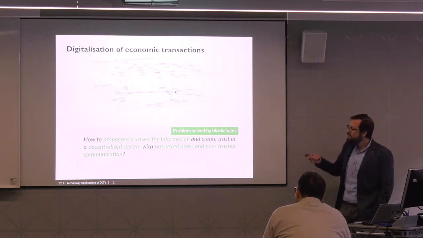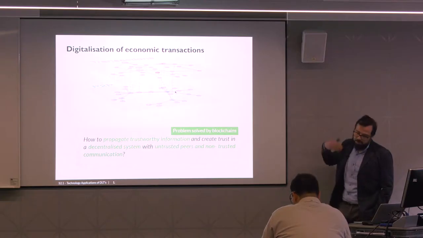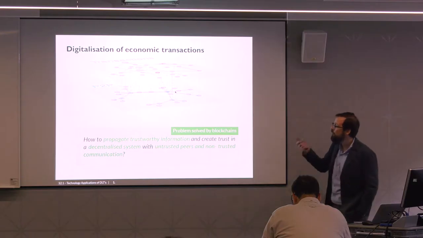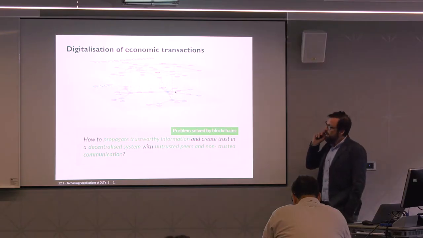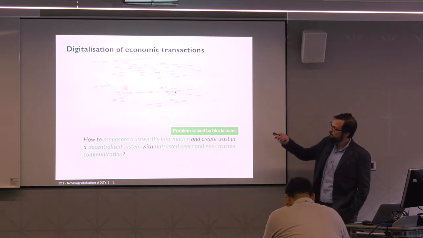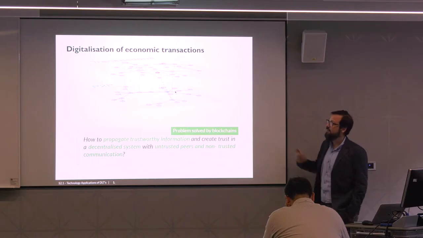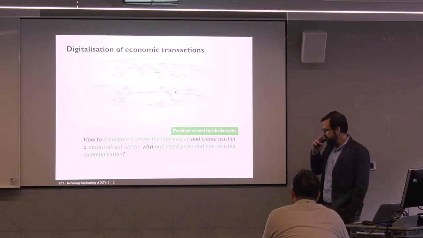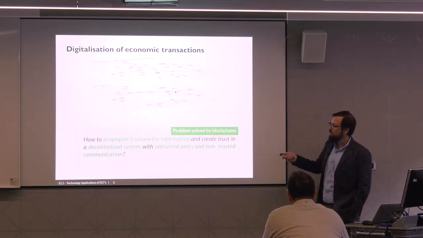Cryptocurrencies, let's say payment systems through blockchains, are systems that allow propagating trustworthy information, but more importantly, they also allow the creation of trust between parties that do not trust each other originally, in a completely decentralized fashion, with these ingredients that I more or less mentioned already.